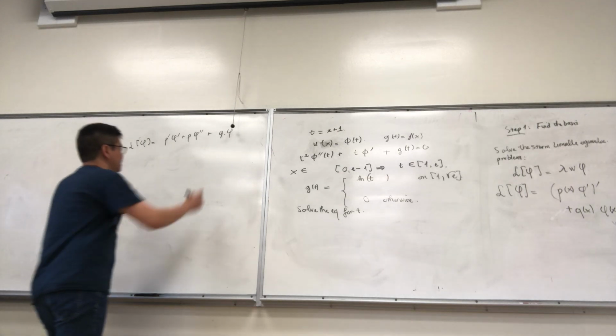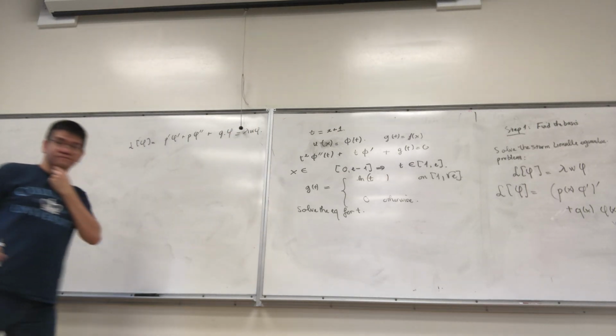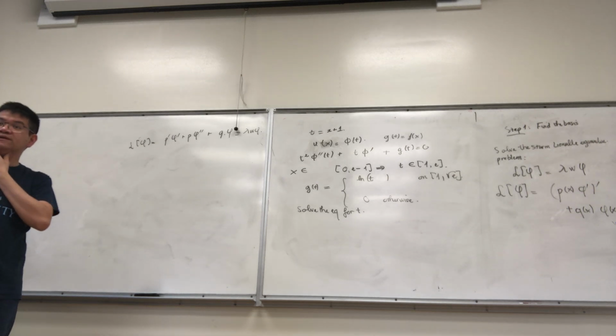And then I'm going to put this to be lambda W phi. So in the previous class, what was the form of W?